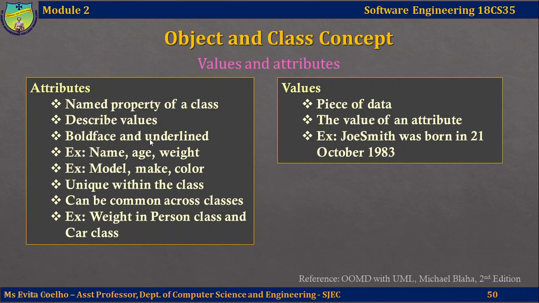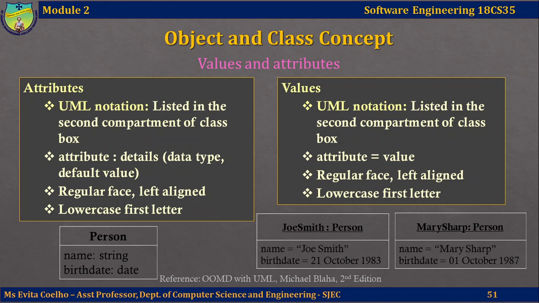So let us look at the UML notation for both attributes and values. Let's start with the class diagram. We had created a class by name Person. Now we are going to create attributes for the class. So here, as you've already seen, it was one box with the name of the class appearing at the center of the box.